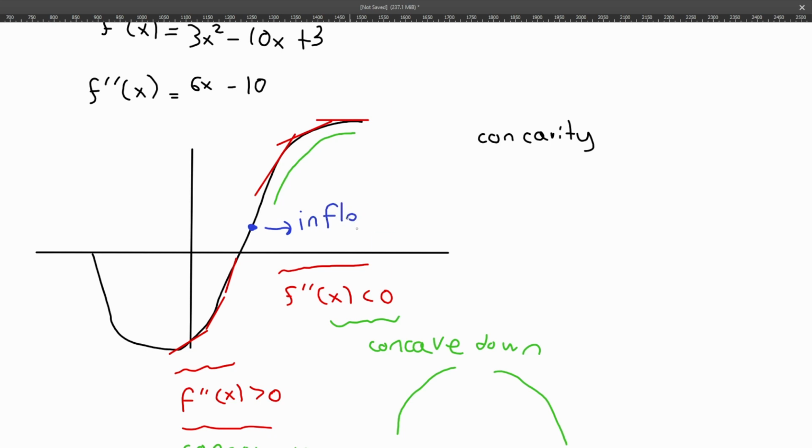The inflection point is a point where the second derivative of our function is equal to 0, and the second derivative changes sign going through that region. So here the second derivative is positive, and here it's negative. So we say that this point is an inflection point.